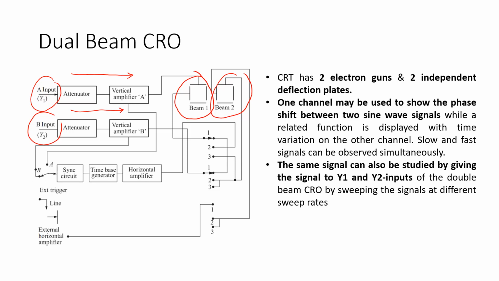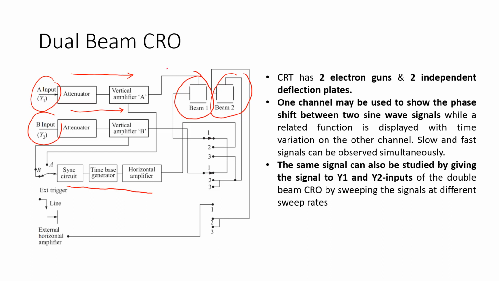Both input A and input B go to the similar synchronization circuits as we already talked about in the previous chapter. We have a synchronization circuit, time-base generator, and horizontal amplifier. In front of the vertical amplifier, usually we see a delay line.